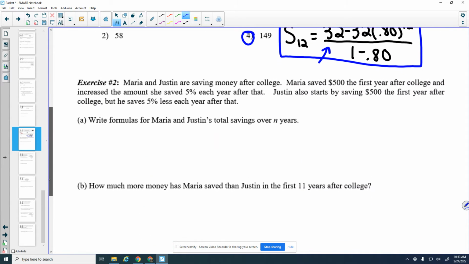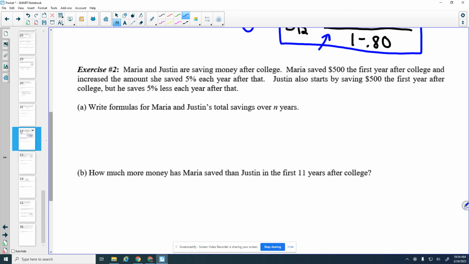Our next application is more of a financial application. It says Maria and Justin are saving money after college. Maria saved $500 the first year after college and increased the amount she saved 5% each year after that. So we're going to be writing formulas for Maria and Justin. I'm just going to focus on Maria first.